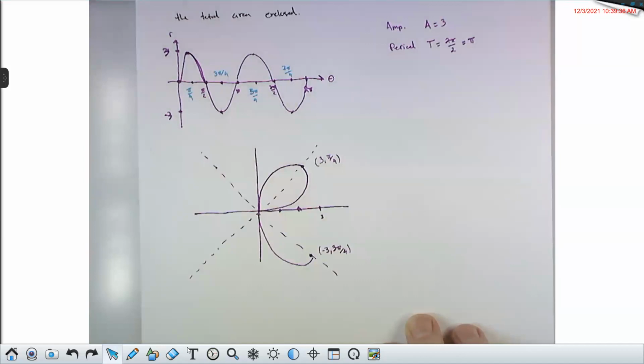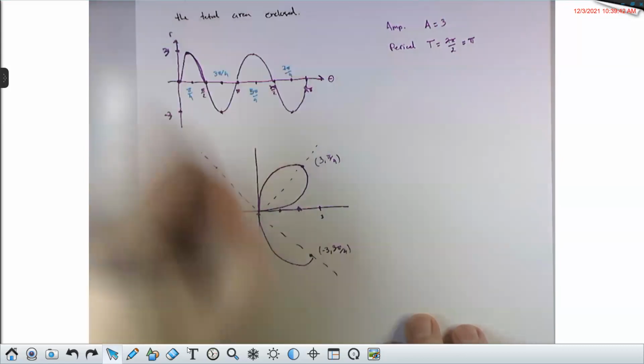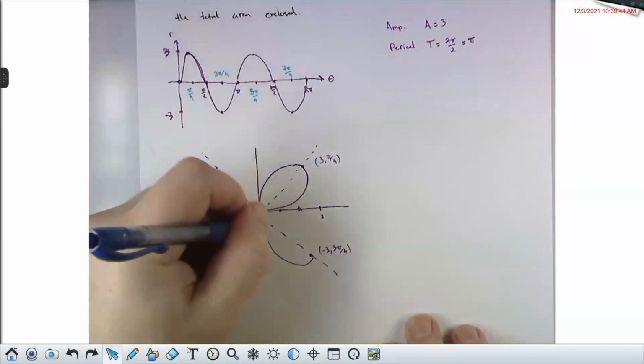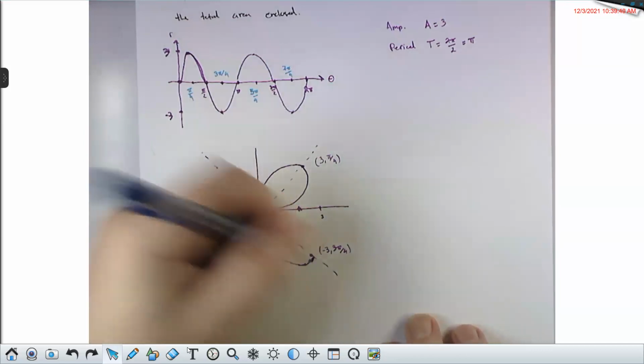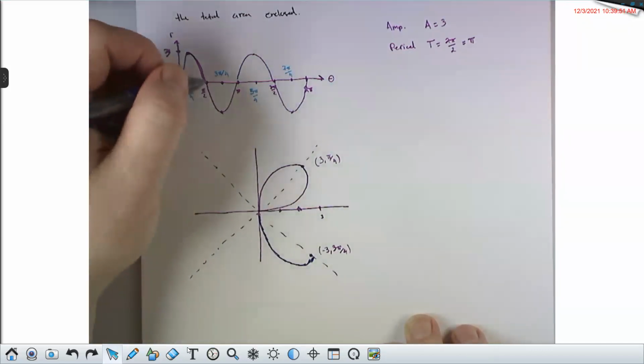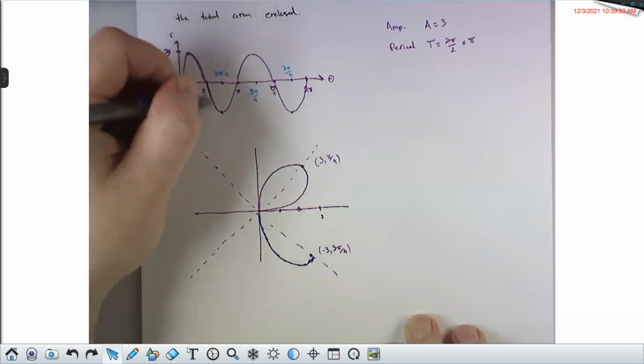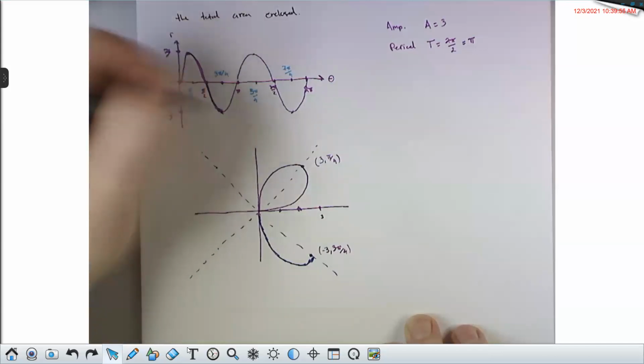And something I like to do is to highlight which portion of the graph here comes from which portion of the graph here. So I'm going to do that for this because I think it's one of the more challenging things to see. This portion of the graph comes from this portion of the graph.